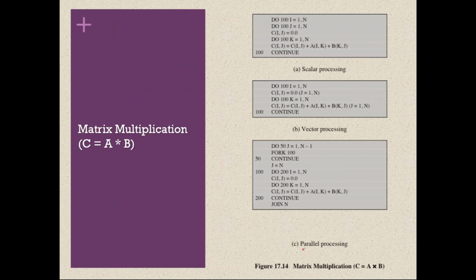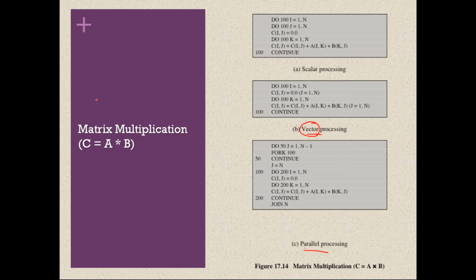In parallel processing, you have multiple processors. In vector processing, here also we may have multiple processors, but in fact it is not actually multiple processors.